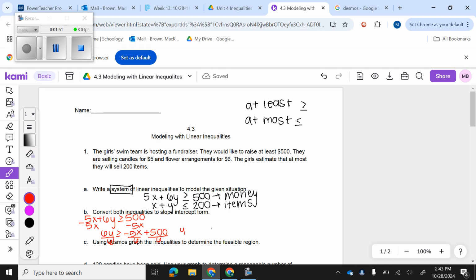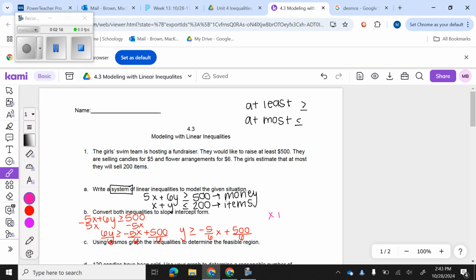And I'm going to have y is greater than or equal to negative 5 over 6x plus, I have to do 500 divided by 6, which we're just going to leave as 500 over 6. Okay, there's one equation.